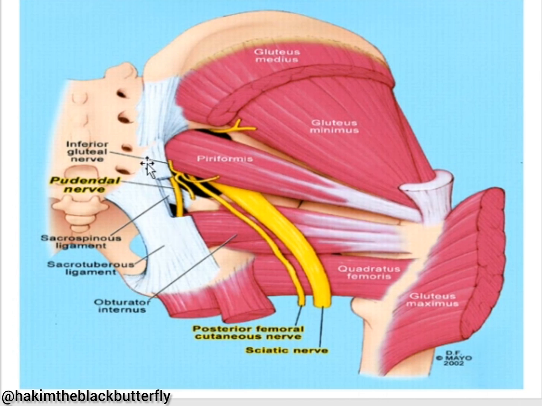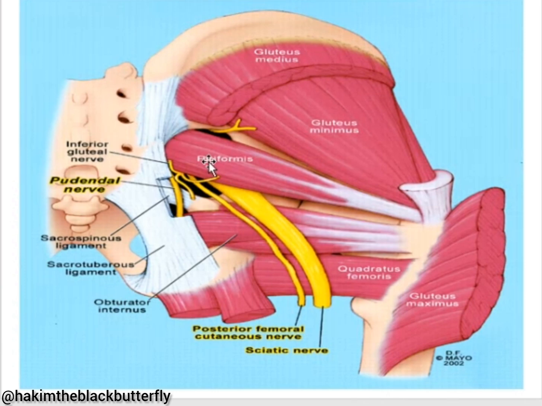But it will first exit the pelvis and enter the gluteal region through the greater sciatic foramen. So that's why I say the greater sciatic foramen is a conduit through which structures move from the pelvis to the gluteal region.